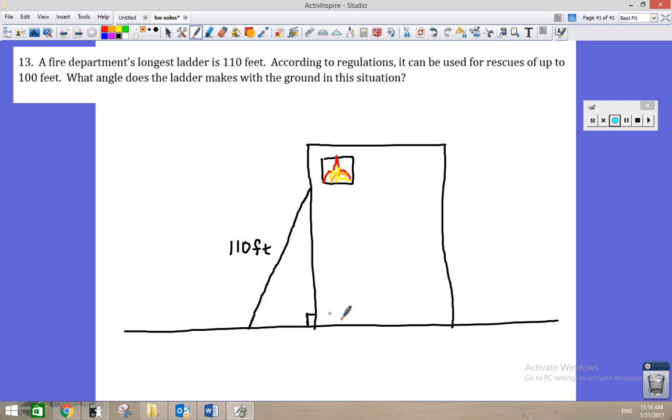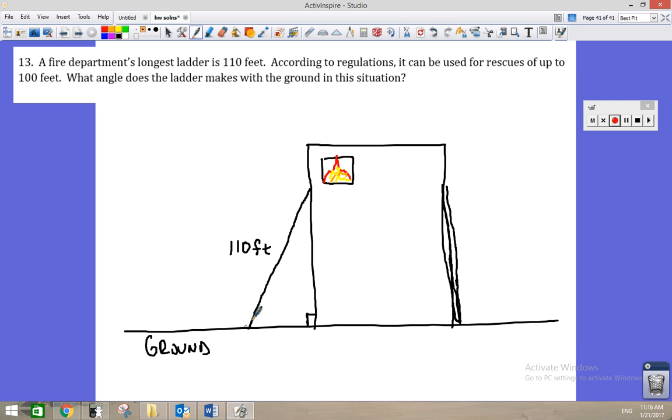So we're assuming that the building is square with the ground, that we don't have the Leaning Tower of Pisa, and they're saying you don't want this ladder just flat up against there, because that would be too rigorous for the firemen to climb, a vertical ladder.